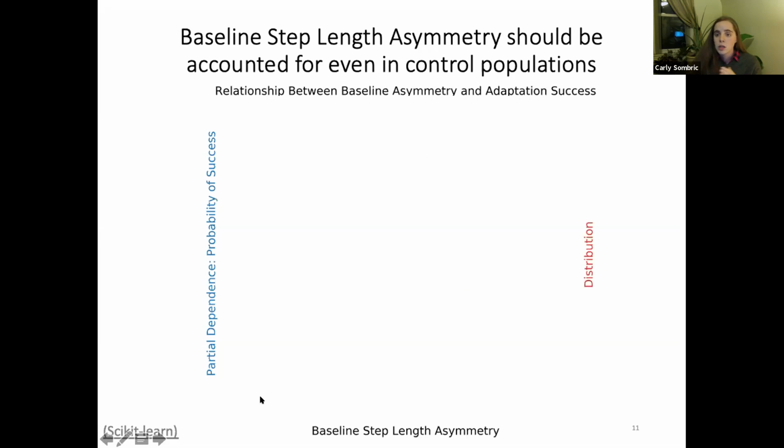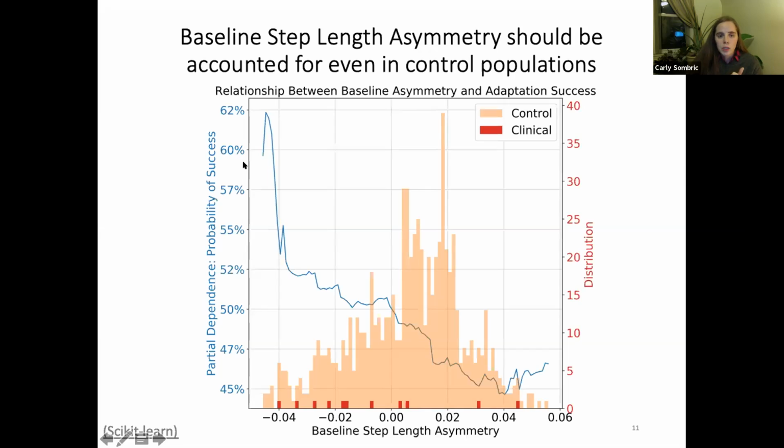And along the rightmost y-axis, I'm going to be showing you information about the distribution of the data within the training set. What you can see here is that when subjects have negative step length asymmetries, they seem to, on average, perform better. They are more likely to have a successful adaptation. Whereas if subjects have a positive step length asymmetry, they're less likely to perform well.